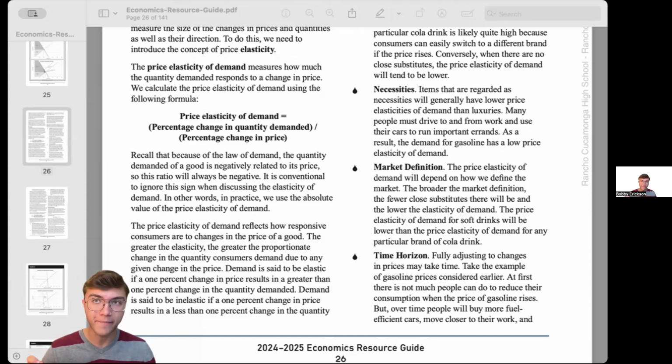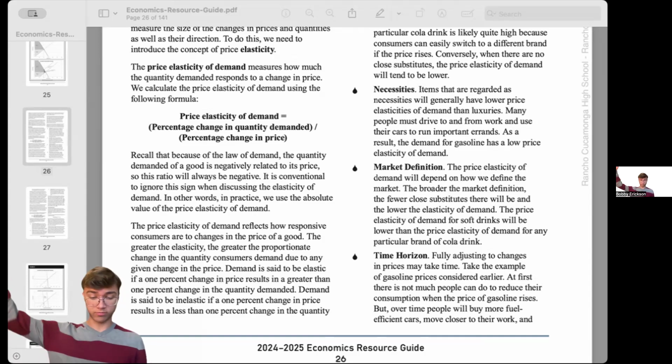Versus if you say, okay, specifically for, let's say, a specific brand of Coca-Cola, what is the elasticity of demand for Coca-Cola? That is going to be a higher elasticity because people are more willing to switch over from Coca-Cola to, let's say, Pepsi if the price of Coca-Cola goes way up.